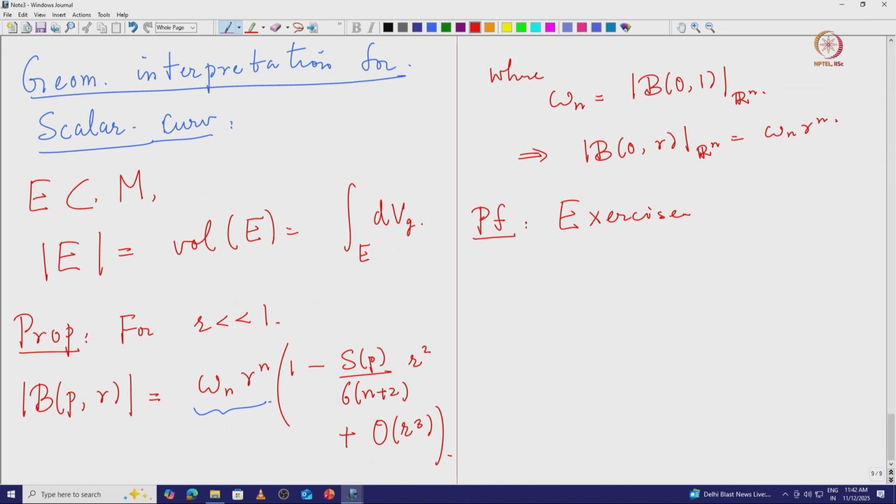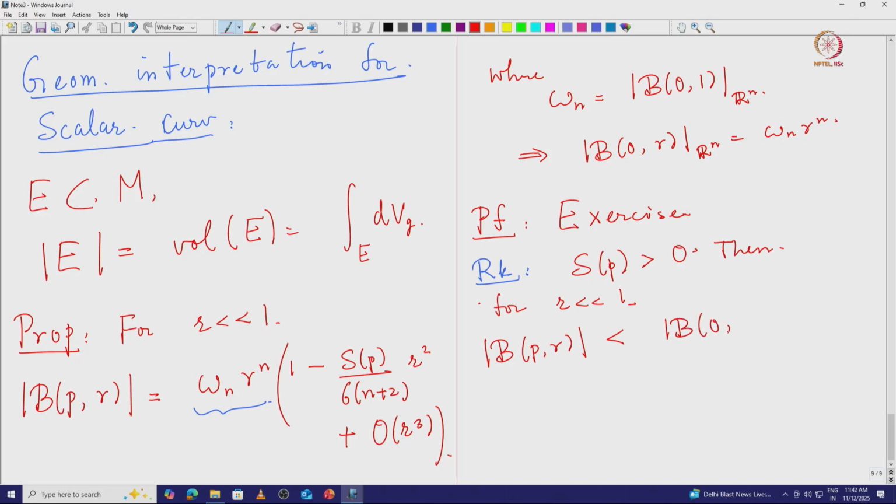Let me just end with a remark that if the scalar curvature is positive, then this implies that for r small enough, the volume of the ball of radius r is less than the corresponding volume in Euclidean space. Okay.